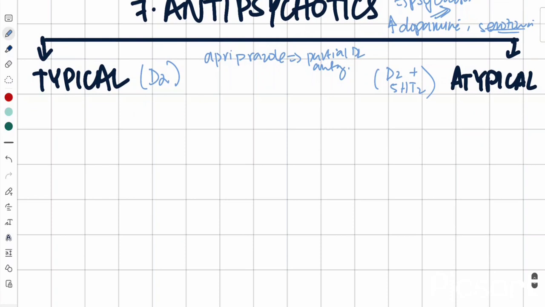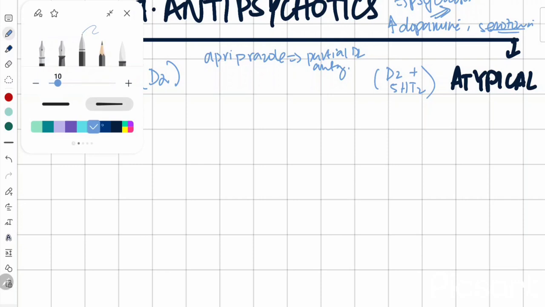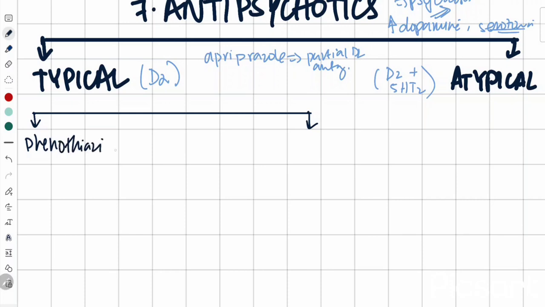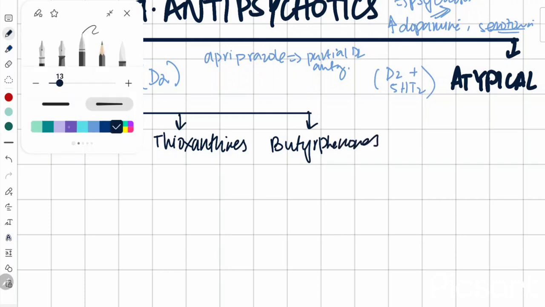Okay. Now, typical include three types. These are phenothiazines, thioxanthines, and butyrophenones. Let's see what the names actually are.